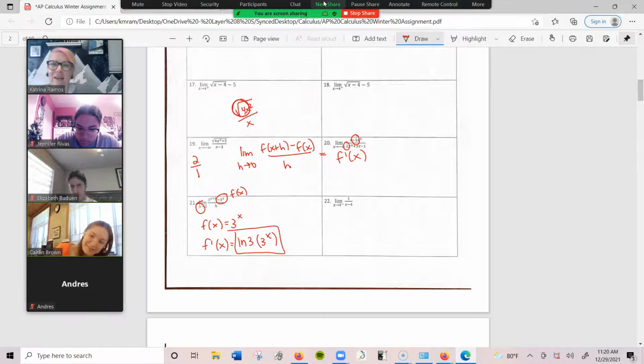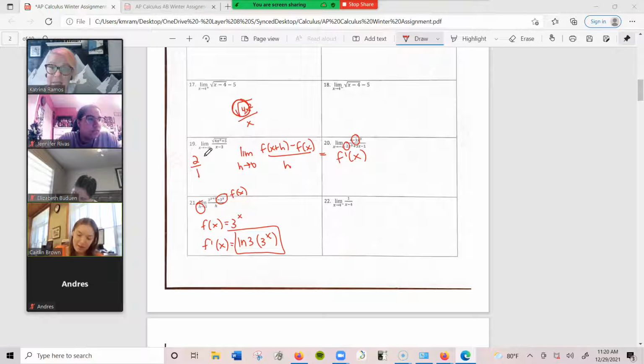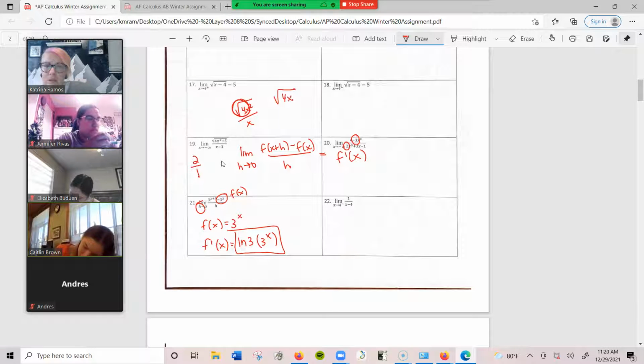The only thing is that for this one, because x is approaching negative infinity, if you divide your coefficients, you have to also pay attention to what the sign is going to be. So think of plugging in infinity, like you take your largest degree.